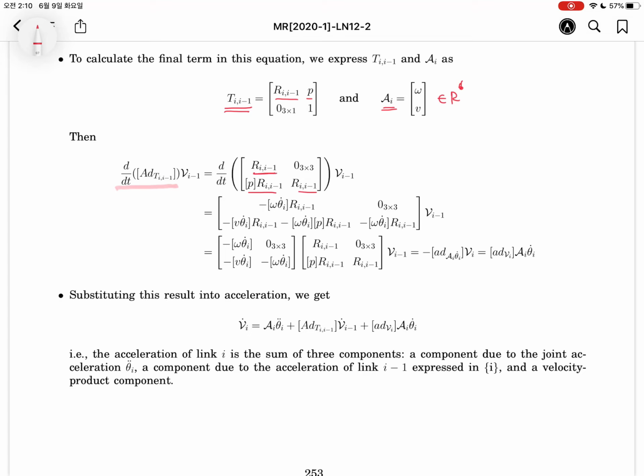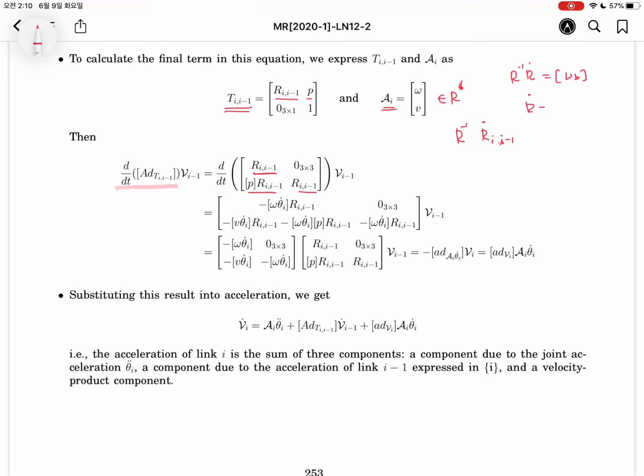The first one, R_{i-1}. We know that R inverse R dot will be the skew-symmetric matrix form of omega_b.